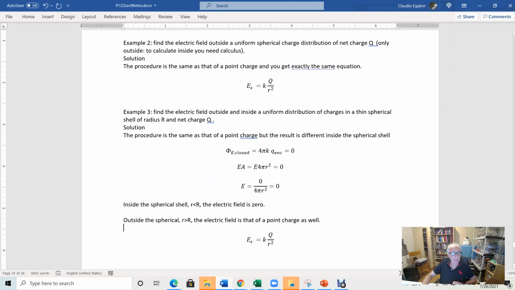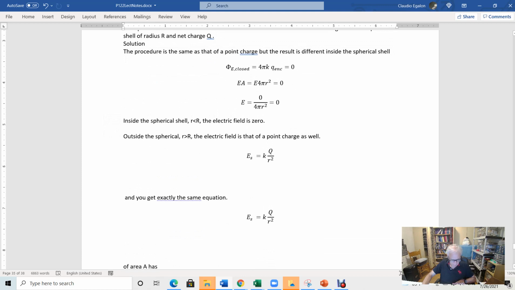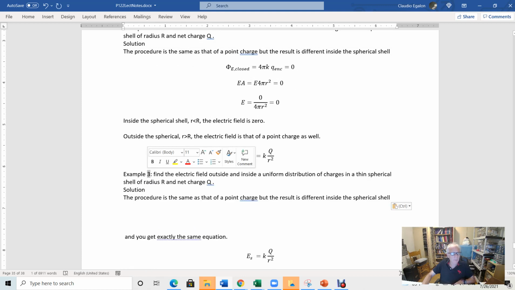So let's go ahead. Example 3, uniform distribution, cylinder. Okay, now we have to do it for the very large linear distribution. Example 4.